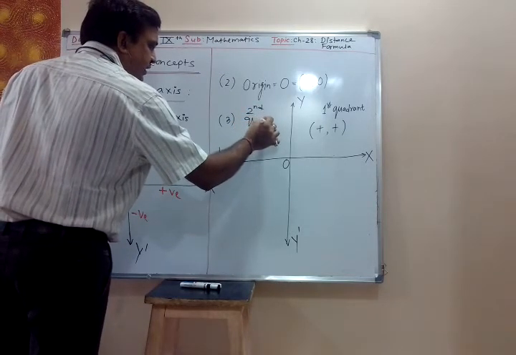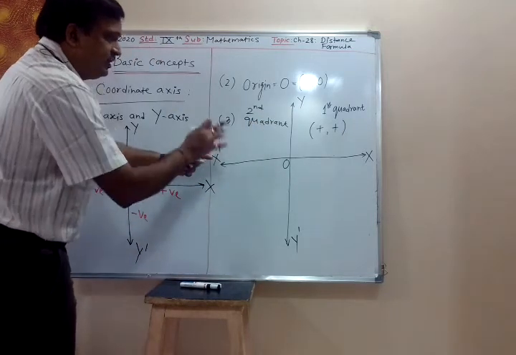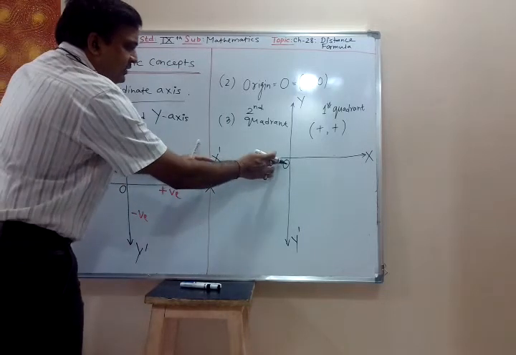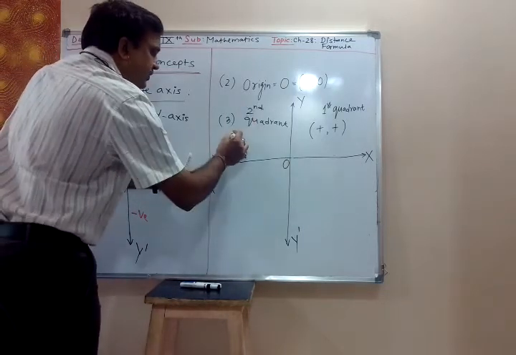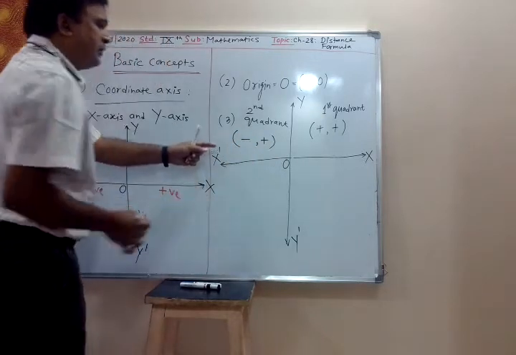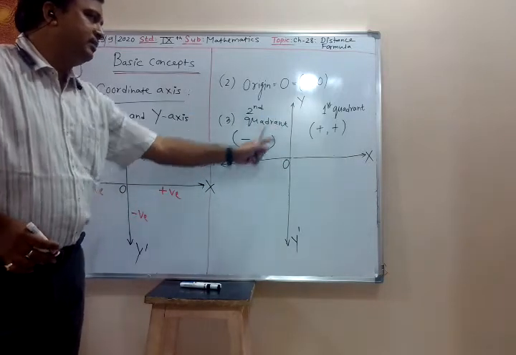In the second quadrant, x is negative, y is positive. So we take minus comma plus.